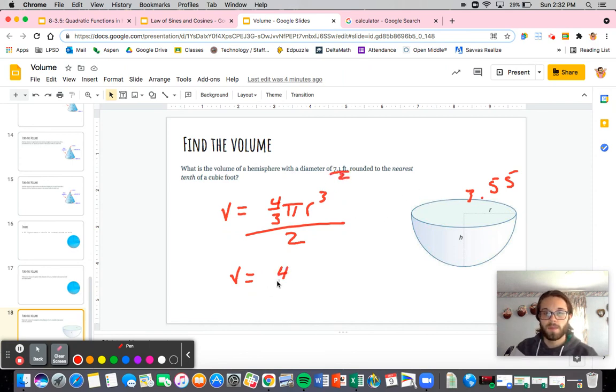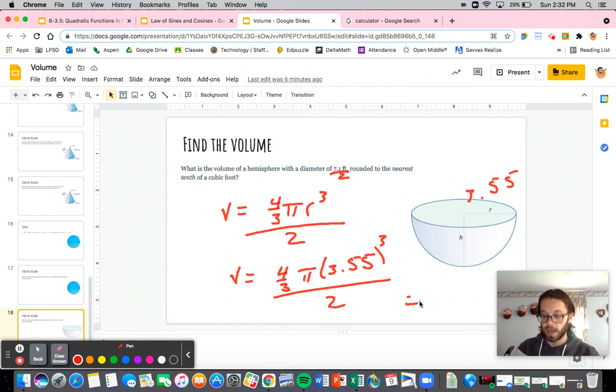So I have 4/3 pi, 3.55 cubed, divided by 2. Plug that into a calculator. 4/3 pi times 3.55 cubed.